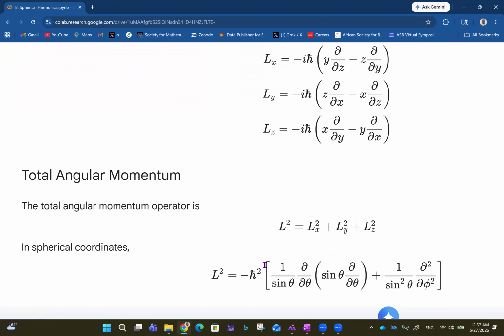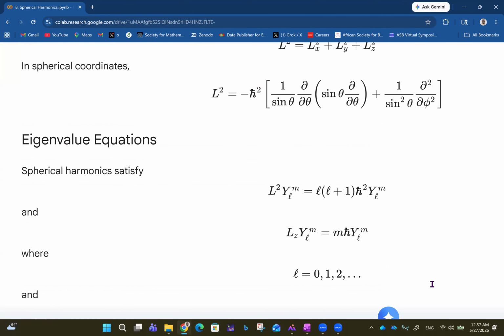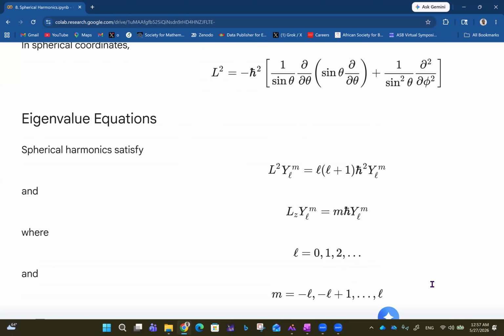We then have the total angular momentum L squared equals L x squared plus L y squared plus L z squared. In spherical coordinates, that means L squared equals minus h bar squared times (1 over sin theta d/d theta of sin theta d/d theta plus 1 over sin squared theta d squared/d phi squared). Then we have eigenvalue equations.